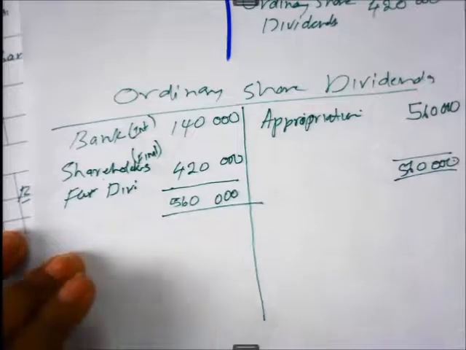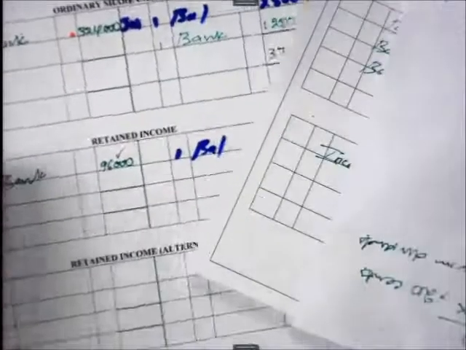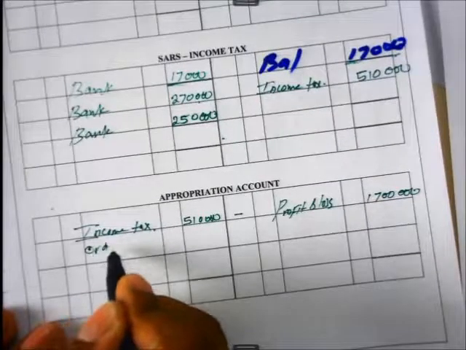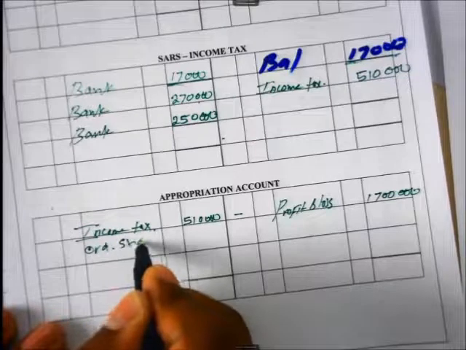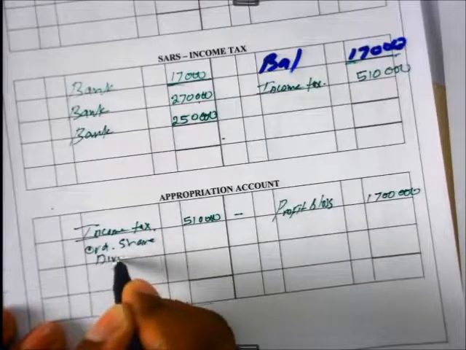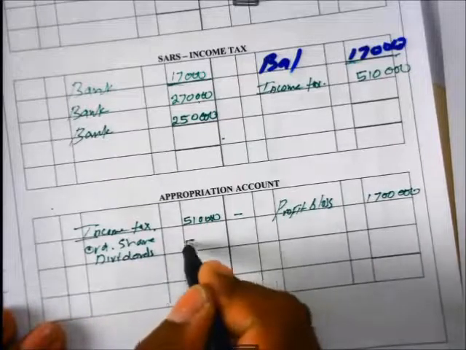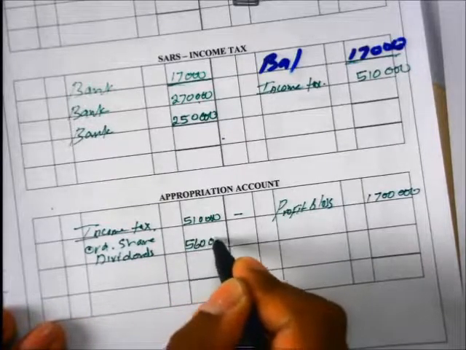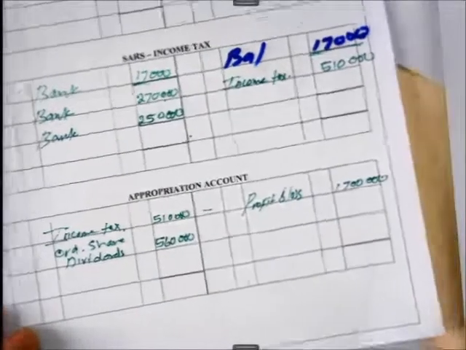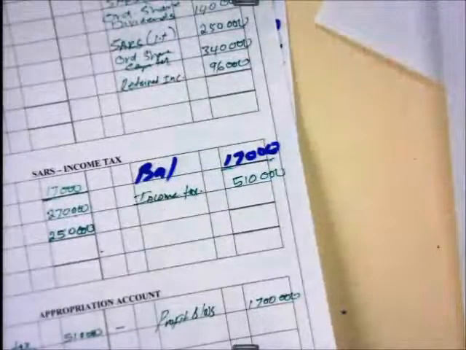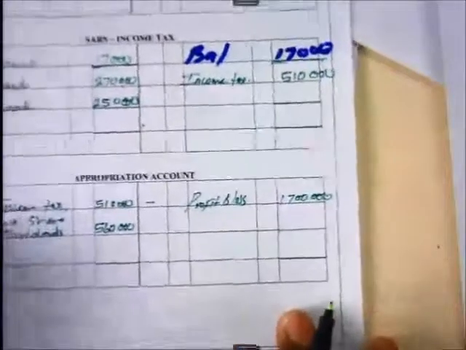I open this account so that you should see where the amount of ordinary share dividends comes from. In our appropriation account, you debit it with ordinary share dividend, and the amount was 560,000. Right. Then what we need to do is to close the appropriation account.